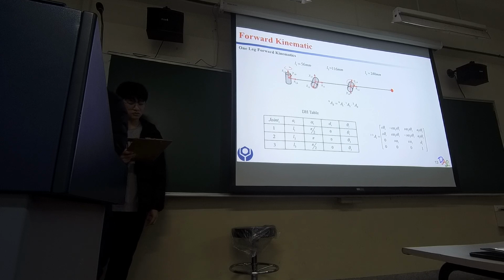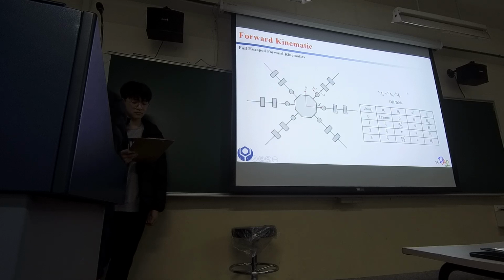From this, we can derive the DH table and the transformation matrix from joint 1 to the end effector. Next, we will transition from the kinematics of single legs to the whole hexagon robot. The whole robot kinematics is similar to the single leg with one additional transformation, a frame transformation from the robot center to each leg's joint 1.